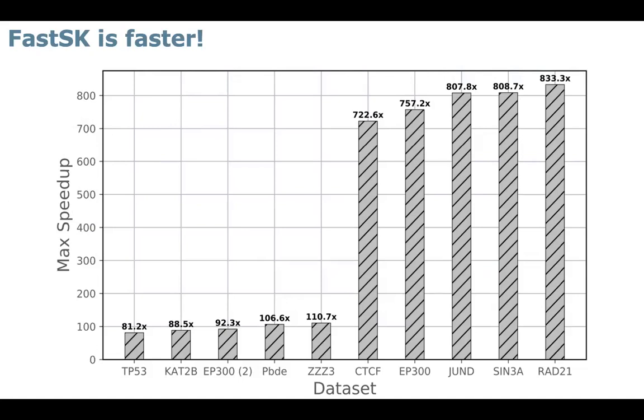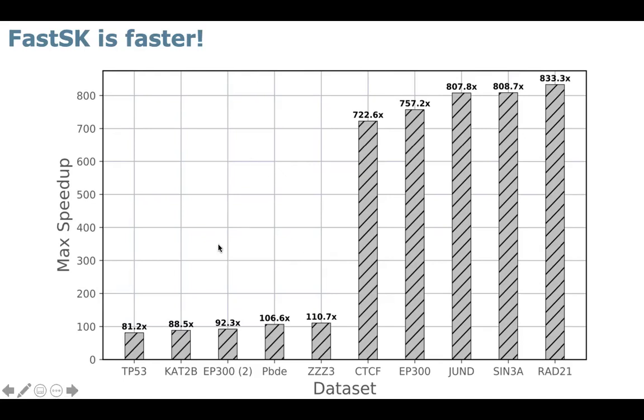Okay, so now let's compare the speed differences. This is on the DNA tasks, and we have exactly the same figures for the protein and the language tasks. If we compare the max speedup of ours versus the gkm-SVM, on 5 out of the 10, we are on average about 800x better in terms of speed.